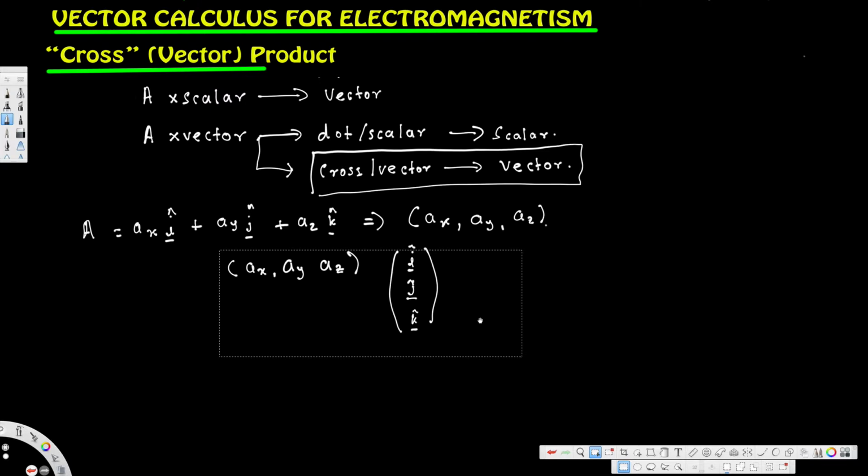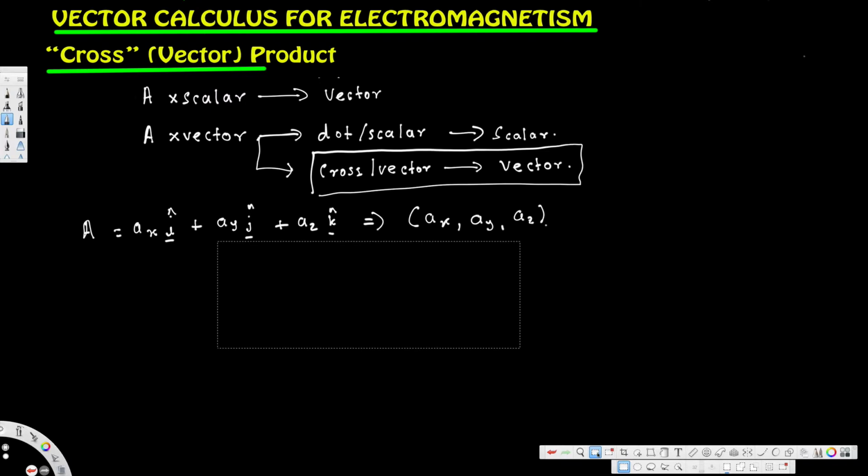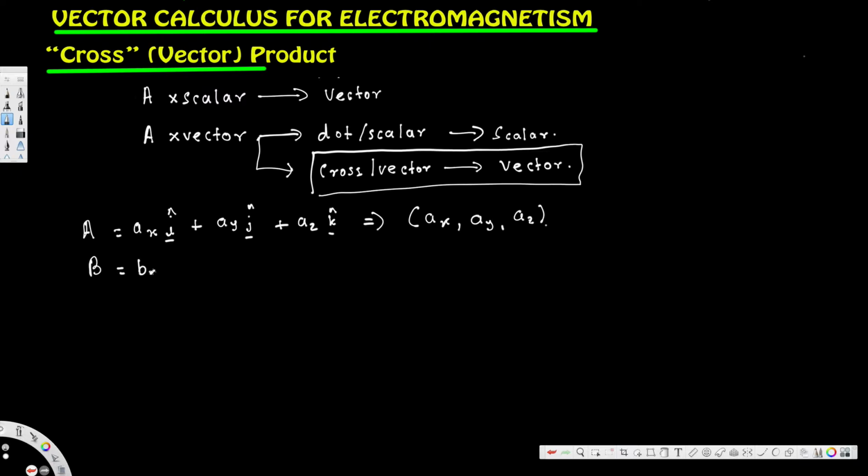And in order to do the cross product, we need another vector function. Let's call that one b. So b is equal to bx i hat plus by j hat plus bz k hat, and that can be written as bx, by, bz.